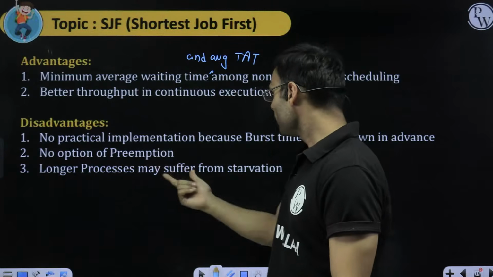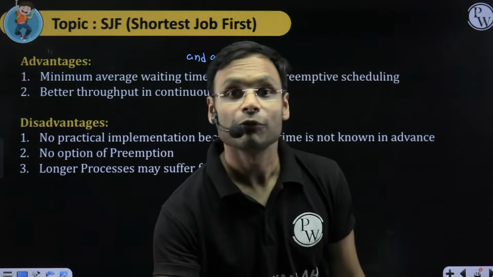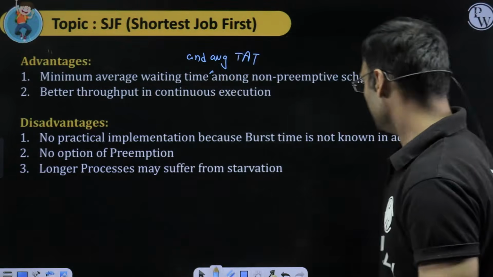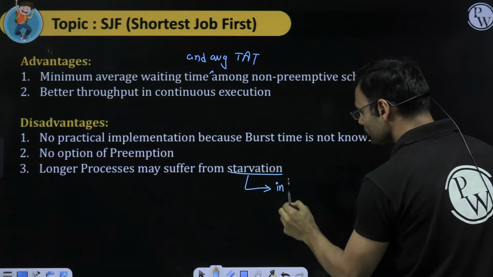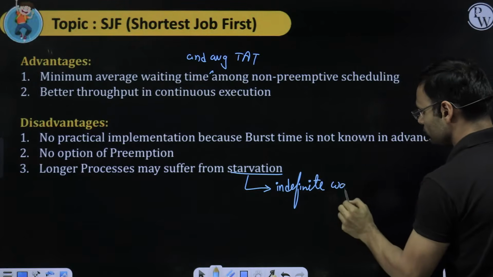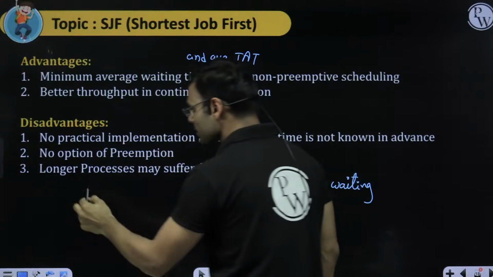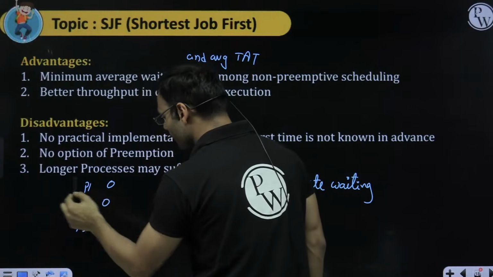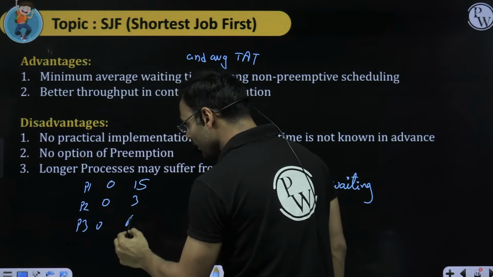And the third problem is starvation. What is starvation? Long waiting for some processes, and indefinite waiting. Indefinite, it is not definite, it is not fixed. I'll tell you. Let's say there are 3 processes, P1, P2, P3, arriving at time 0, with burst times 15, 3 and 2.